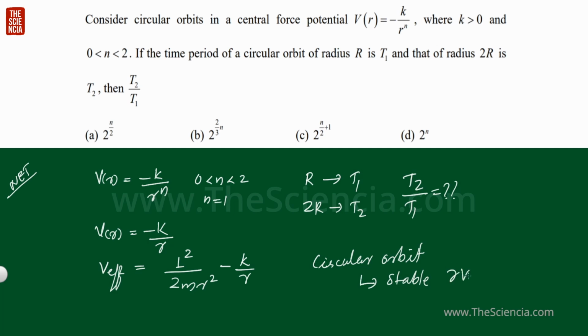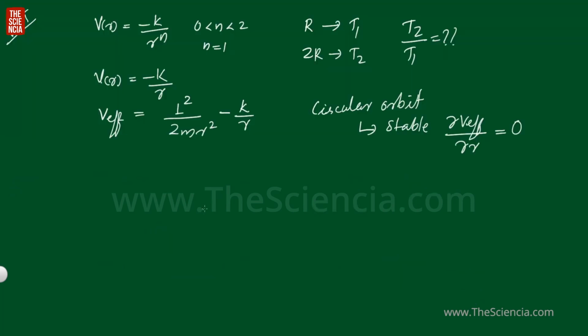Therefore, dou V effective by dou r should be equal to 0. So what is dou V effective by dou r? This is equal to minus L square by m r cube plus k by r square equal to 0.